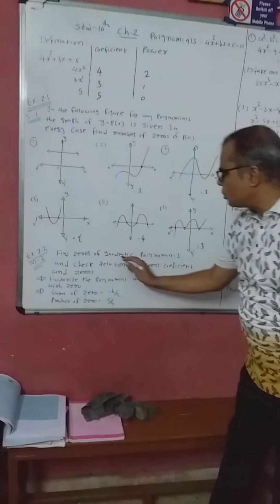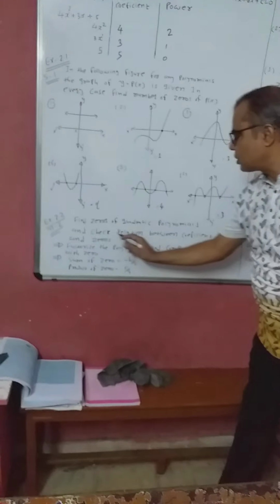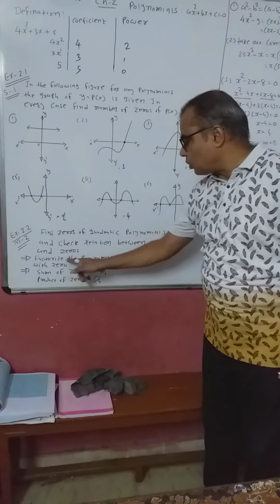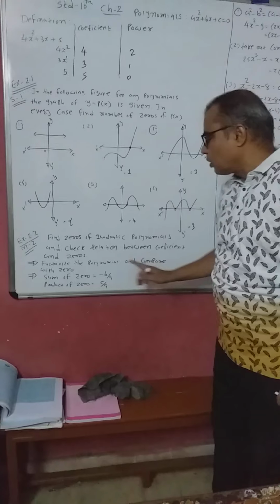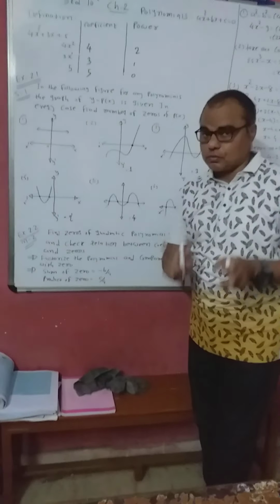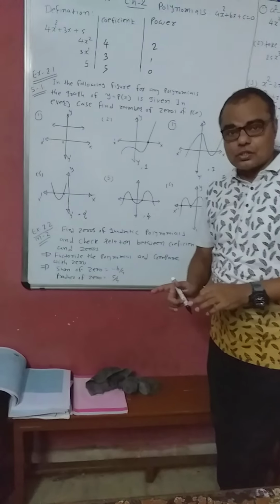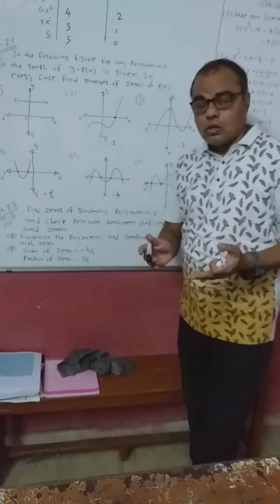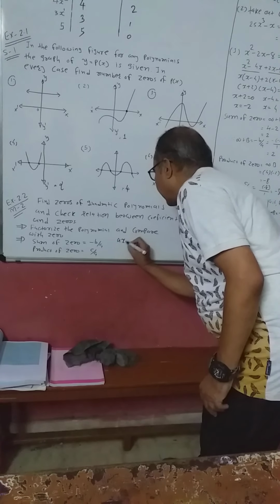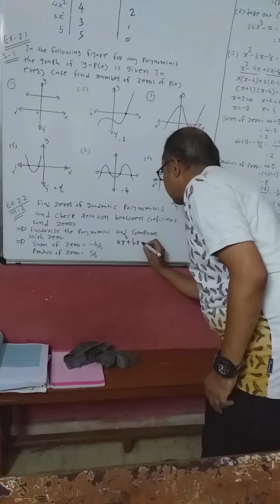Method 2. Find zeros of a quadratic polynomial and check the relation between coefficients and zeros. Right? To factorize the polynomial and compare with 0. It means you have to first factorize. After factorization, you have to check. There is one formula for a quadratic equation, ax square plus bx plus c.